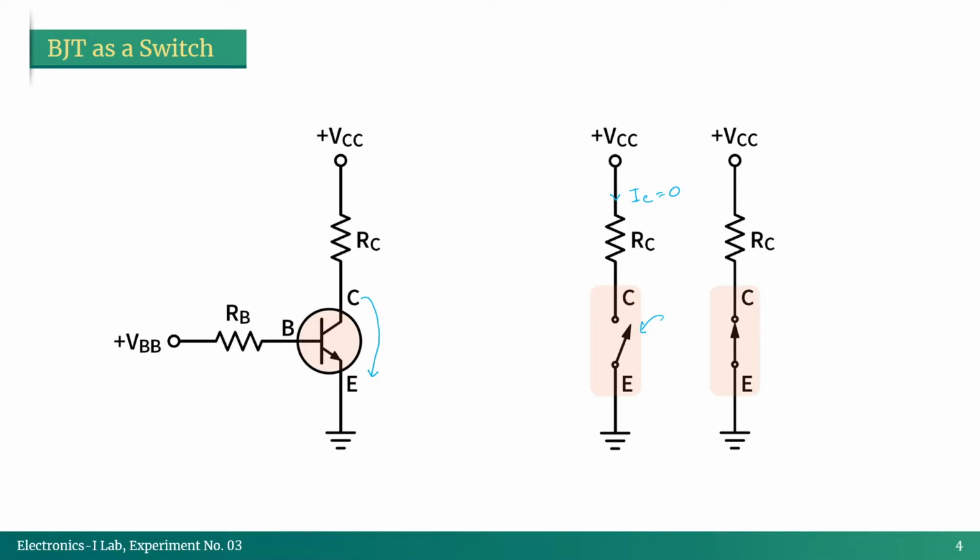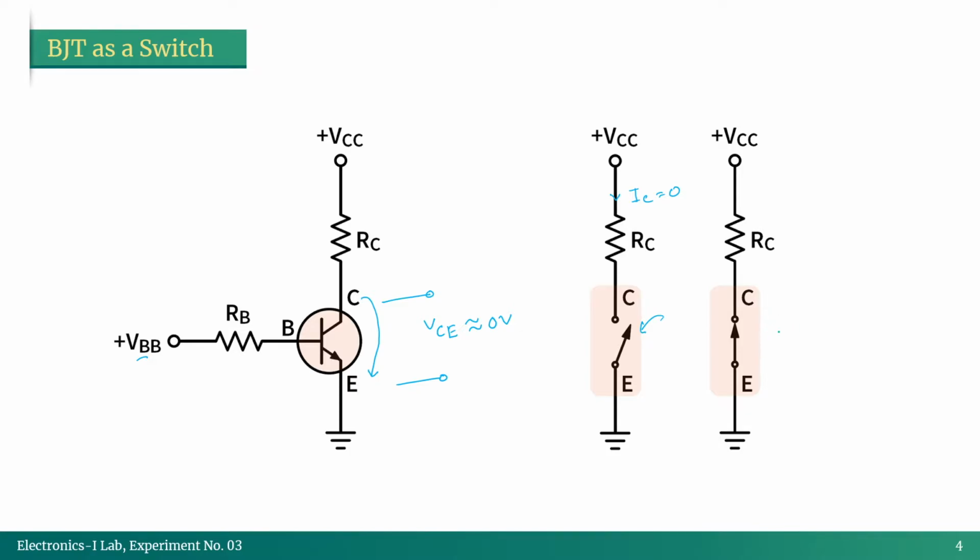And in the next condition, if I give a different kind of voltage at our base, there will be a possibility that the path from collector to emitter will be short circuited. That means the voltage VCE, the voltage between collector to emitter, will be almost close to 0 volt.